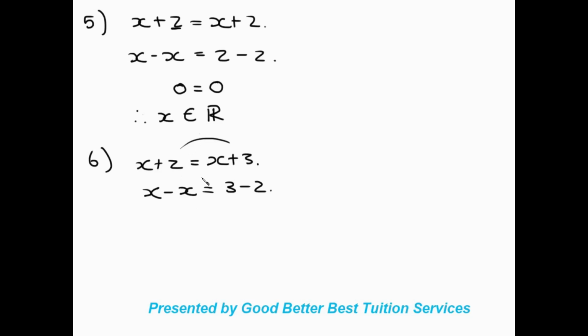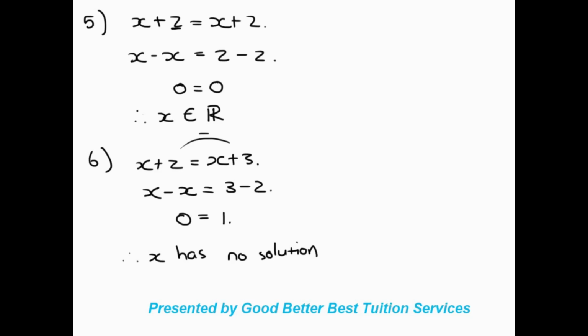So the sign changes to negative. So now x minus x is 0. 3 minus 2 is 1. So in this case, you can see x cancels itself out, right? And we didn't get to a final answer for x. So in this case, we'll say, therefore, x has no solution.